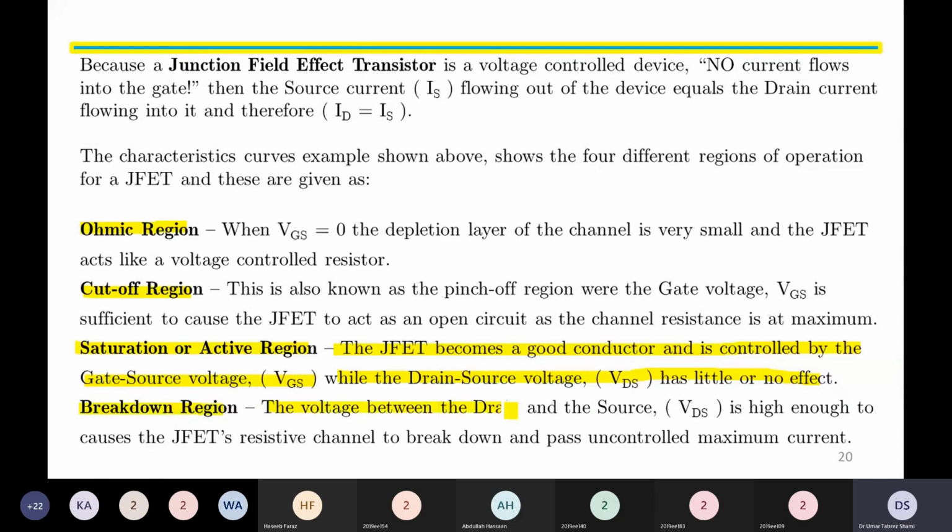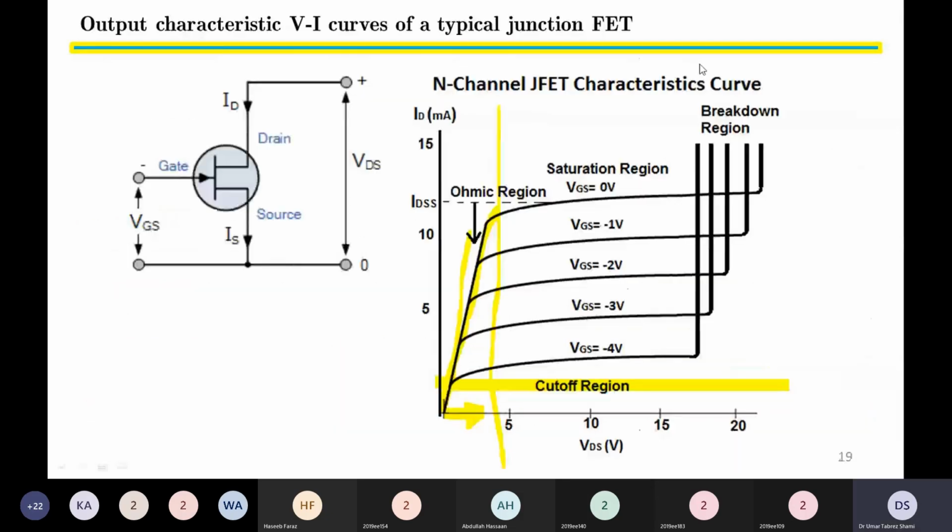The voltage between drain and source is high enough to cause the JFET's resistance to break down and pass uncontrolled maximum current. So in the breakdown region, the JFET experiences a breakdown. And we have the breakdown region over here.